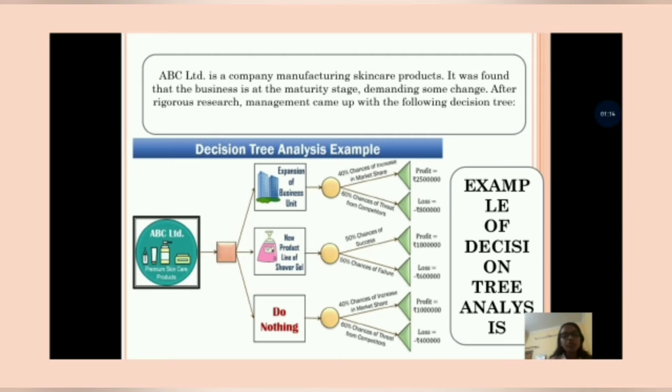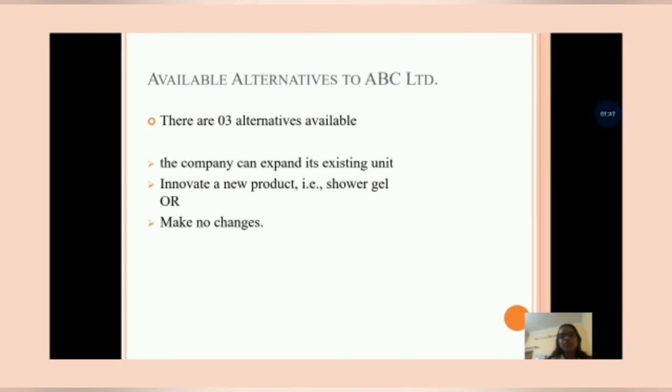As we can see in the decision tree, there are basically three alternatives present for the company. First, the company can expand its existing unit, or it can innovate a new product, or it can make no changes. There are some possibilities with each alternative available to the company.